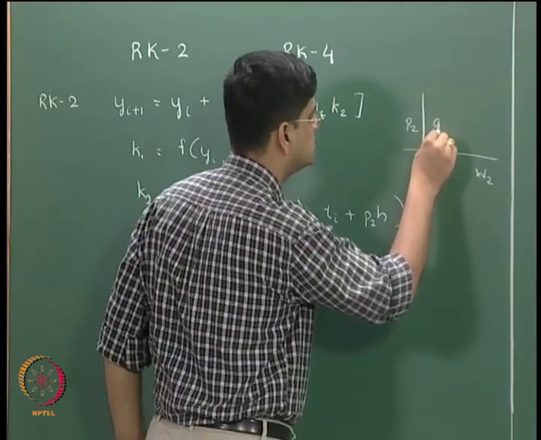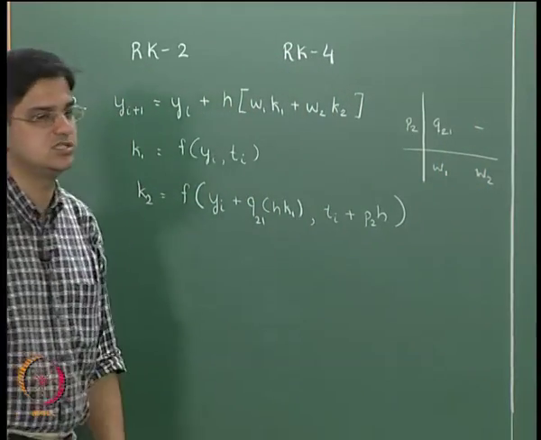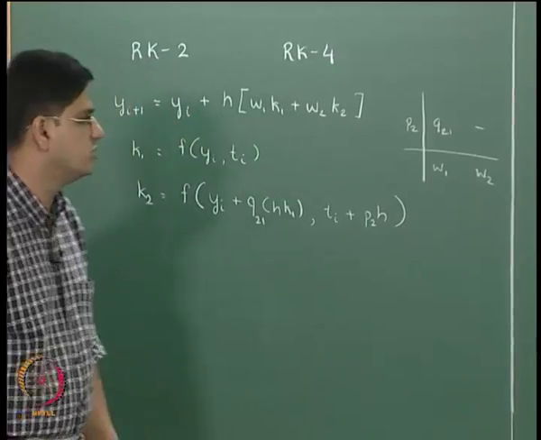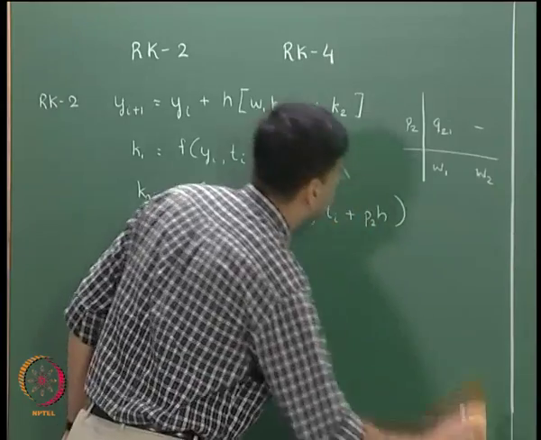So we will have q21 over here, and we won't have anything in this particular column of the first row. So this is going to be the representation for RK2.